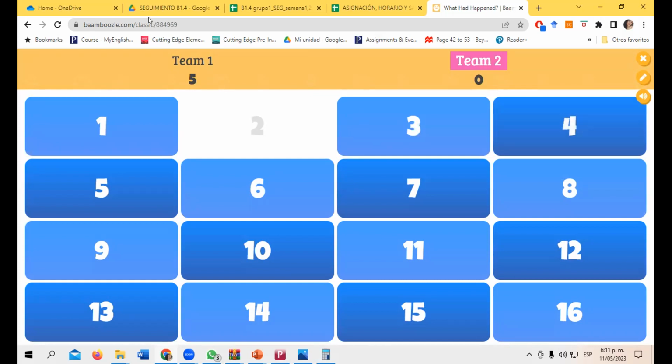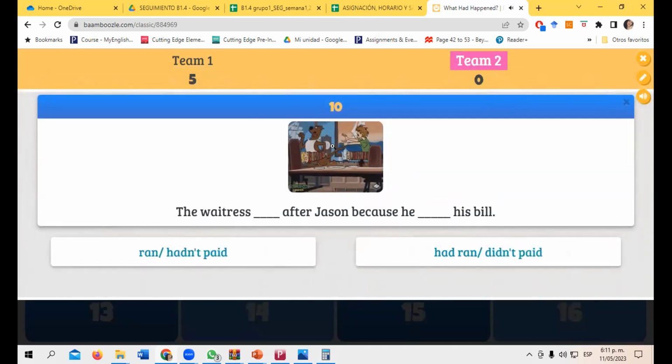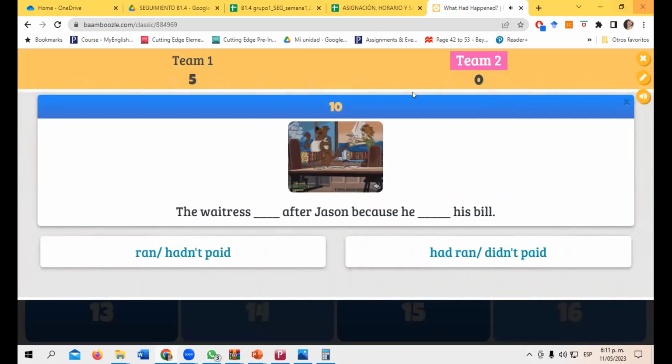Andrés Correa. Number 7. We only have 2 options here. The waitress after Jason because his bill.